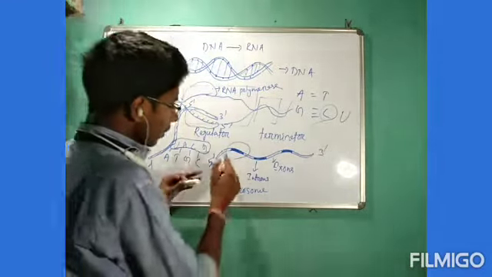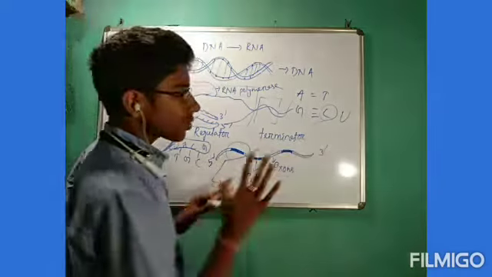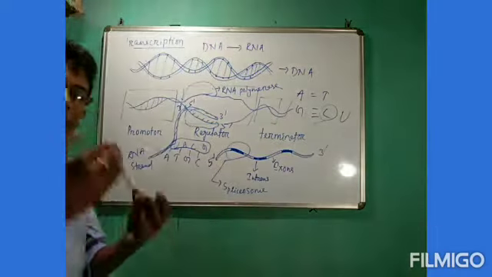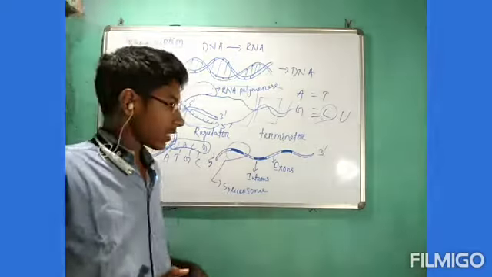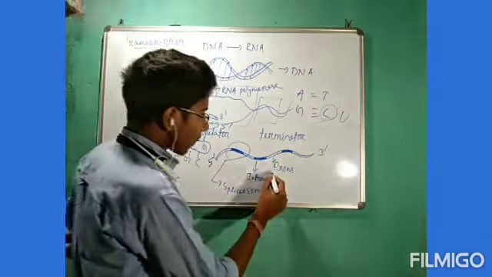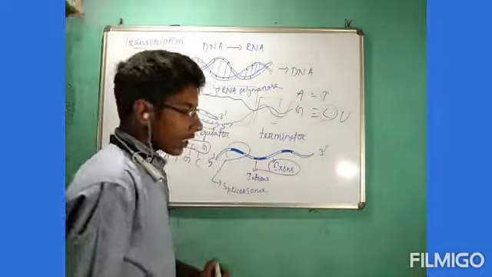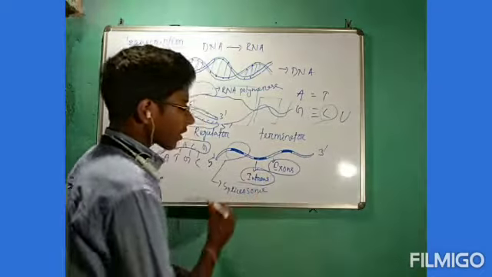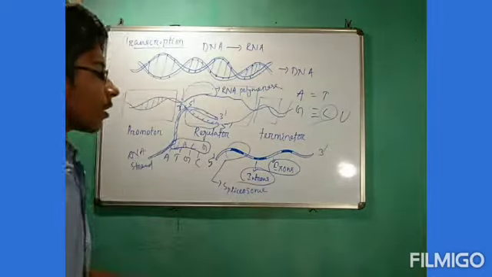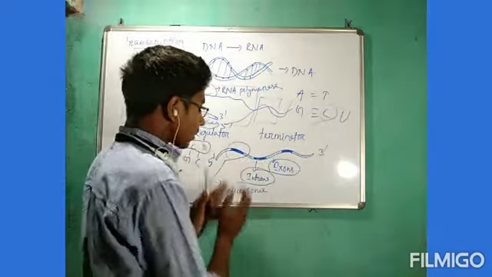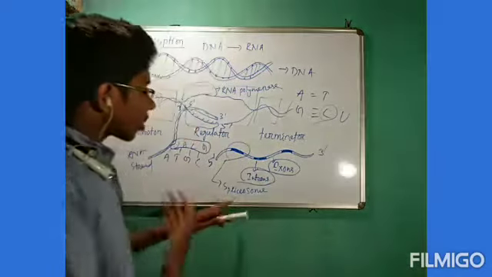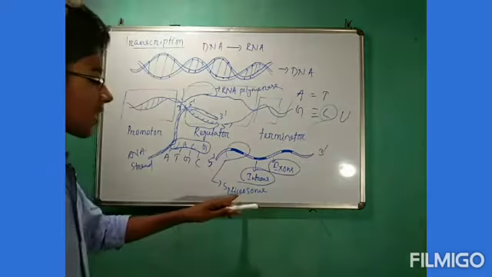Okay. When a complete RNA sequence is present, some coding and some non-coding regions are present. The exon part is called the coding sequence, and the intron part is called the non-coding sequence. We remove the non-coding sequence by the process of splicing, in the spliceosome.